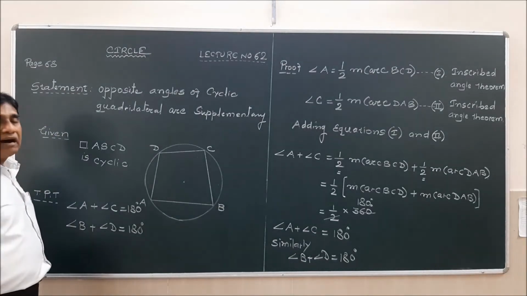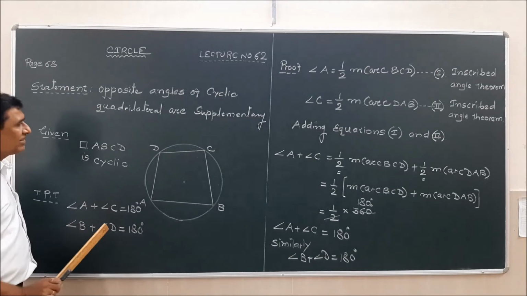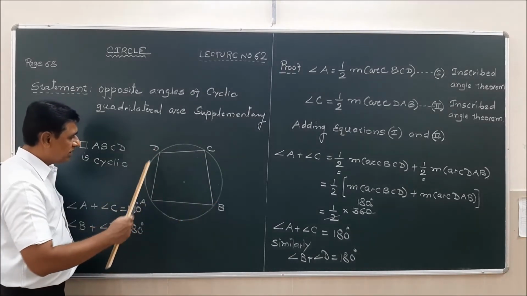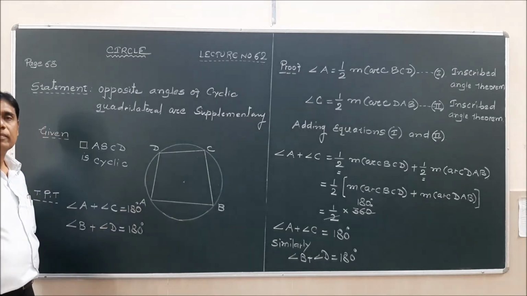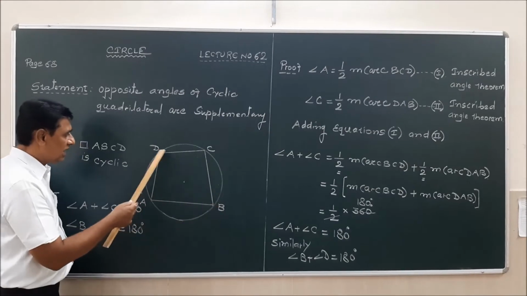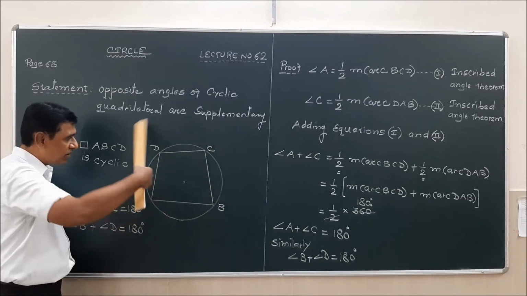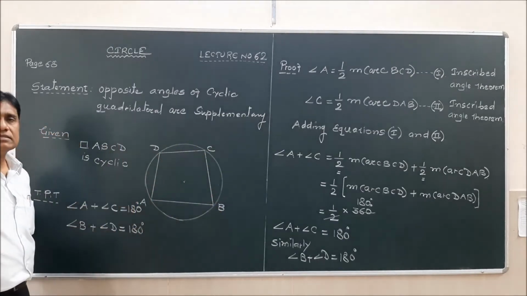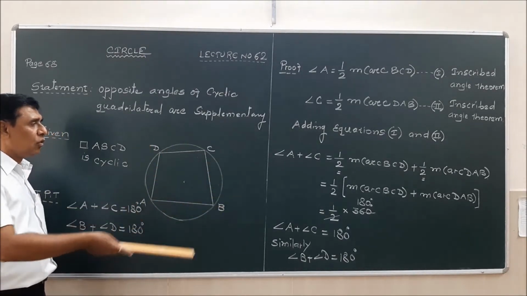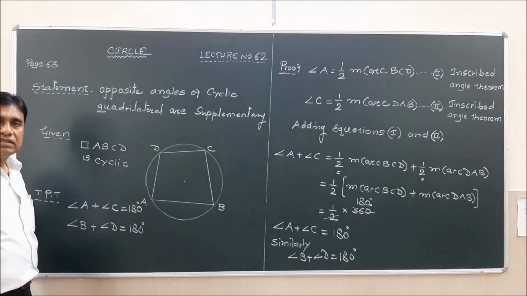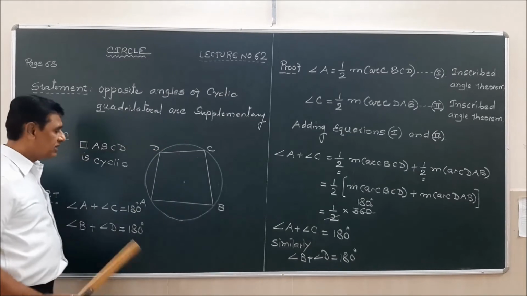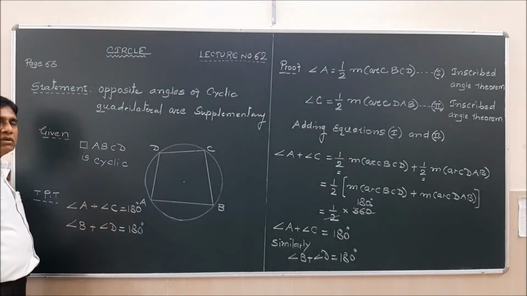Okay, then taking half as a common, you will get arc DCB plus arc DA. And finally we will get arc DCB and arc DAB. If you add both these arcs, you will be getting the circle. And measure of all arcs of the circle or total circle is always 360. So 1 upon 2 into 360 is 180. So A plus C is equal to 180.